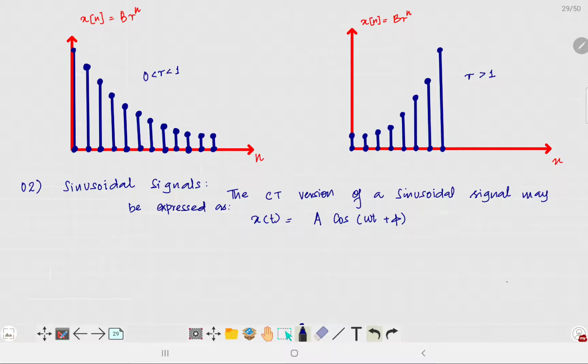Again, there are a few quantities involved. A is the amplitude of this sinusoidal signal. Then we have omega, which is the angular frequency, and it's measured in radians per second. And then phi is the phase angle. Because it's an angle, it's measured in radians.